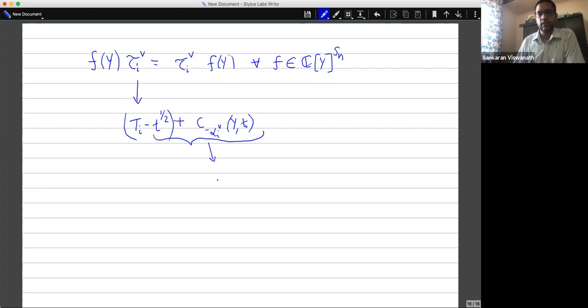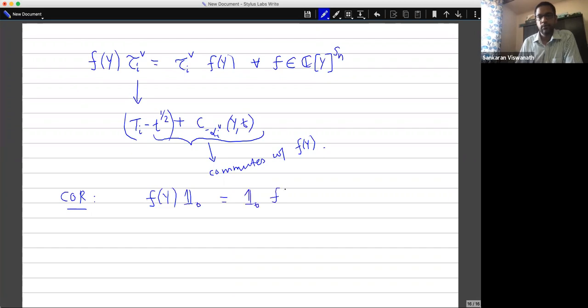So this additional term which you incur already commutes with fy. So there's nothing further to do. Hence proved. So what this says is that every element of the finite Hecke algebra commutes with C[y]^Sn, and as a corollary, the idempotent 1,0 also commutes. So fy 1,0 certainly commutes.